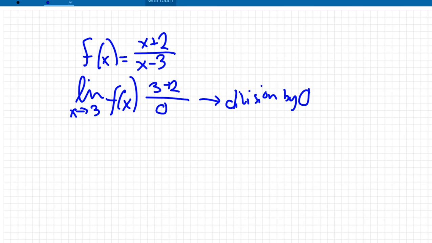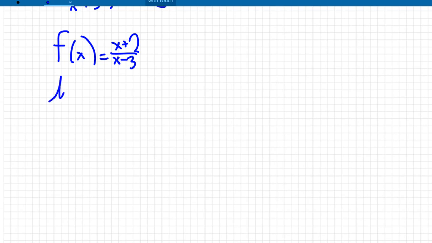But there's actually some tricks to this. We'll find as we put in values that are close to 3 but not 3, that are greater than 3 or less than 3. So let's start with values greater than 3. So we have our function, which is x plus 2 over x minus 3. We're going to find the limit as x approaches 3 from the right-hand side.